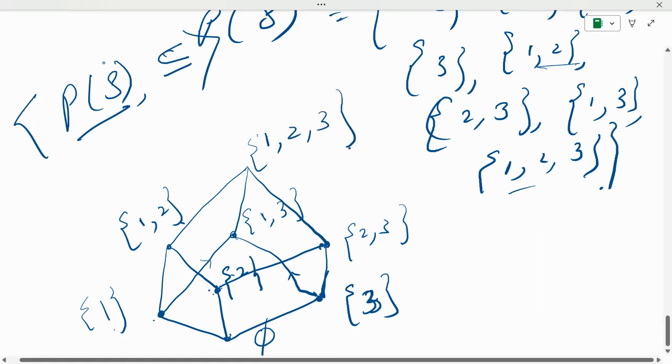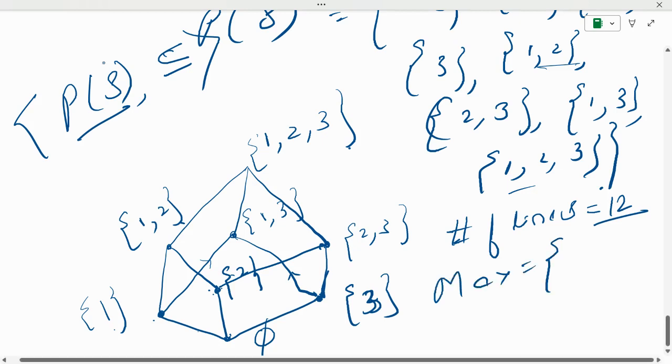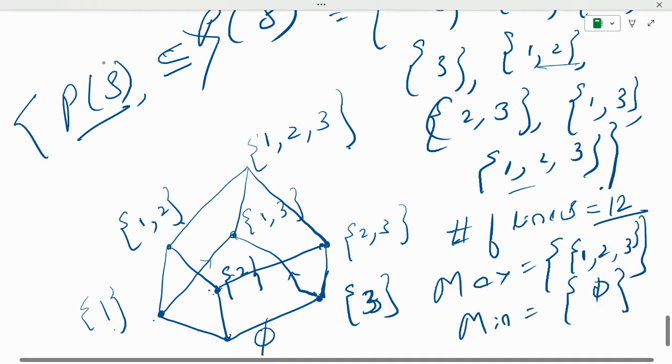Now here, if you have to calculate the number of lines, it will be the lines of the cube, that is altogether 4, 4, 4, I think it's 12, right? So it's 12, and the maximum is of course 1 2 3, and the minimum is phi. This maximum is also the greatest, and the minimum is the least.